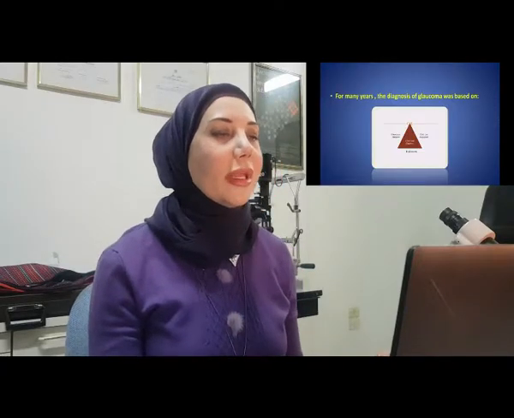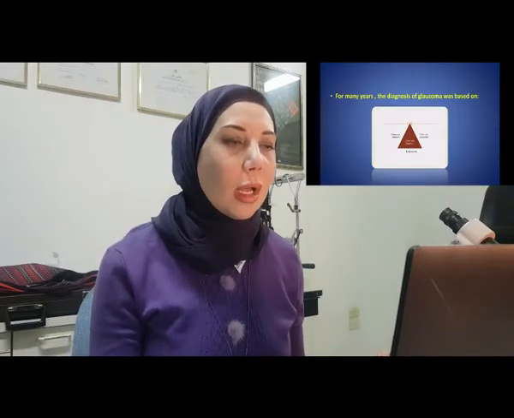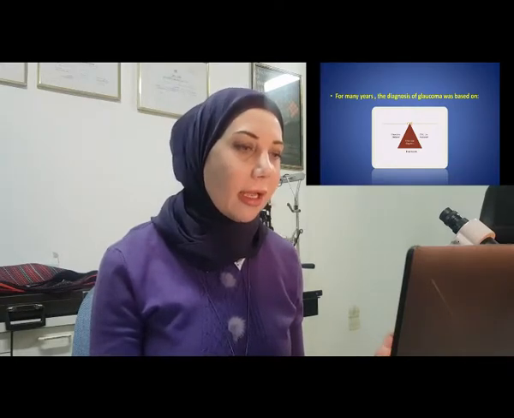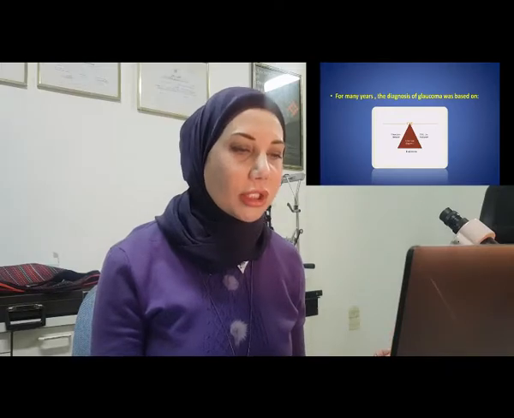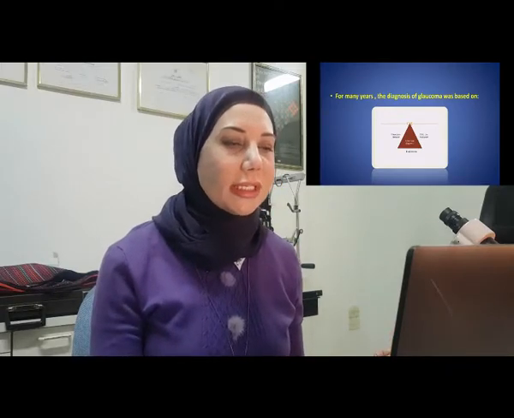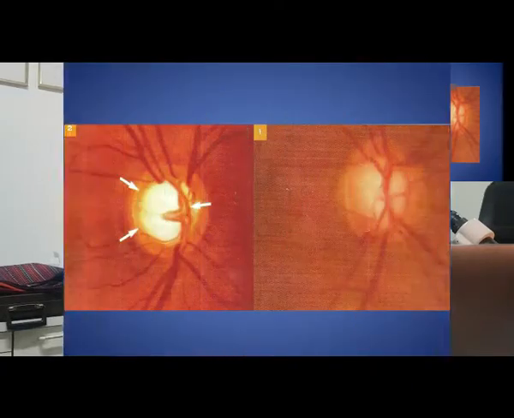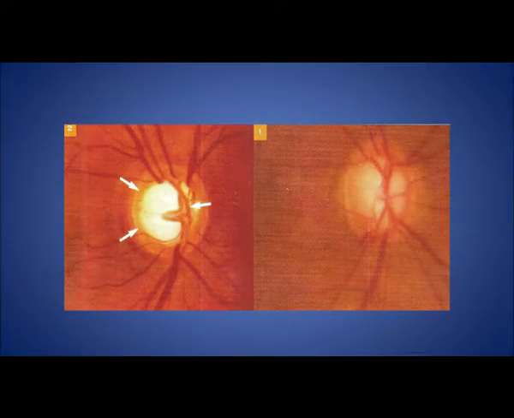As a reminder, for many years, the diagnosis of glaucoma was based on three factors: elevation in the intraocular pressure, and defect in the optic disc and visual field. As you see here in the first photo, there is a hemorrhage in the rim of the optic disc, and in the second photo there is enlargement of the cup of the disc, glaucomatous or suspicious in appearance.